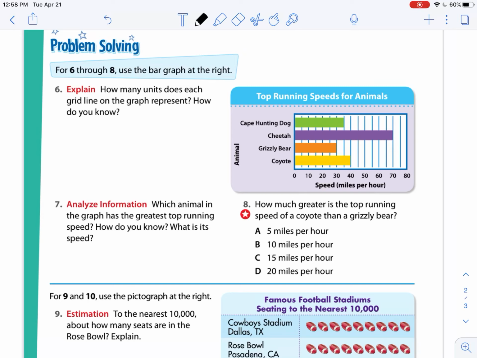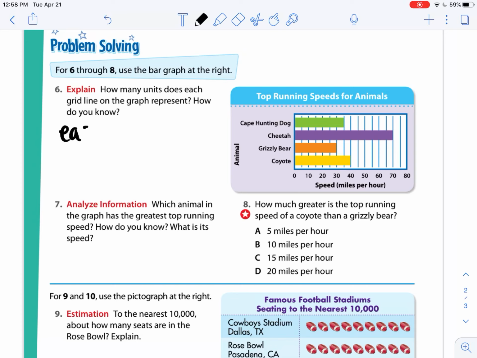Explain how many units does each grid line on the graph represent? How do you know? Well, they have labeled by tens, but there's a line in between. So that means that each grid line would have to represent 5, because that's the only thing that makes sense, because halfway in between 0 and 10 is 5.